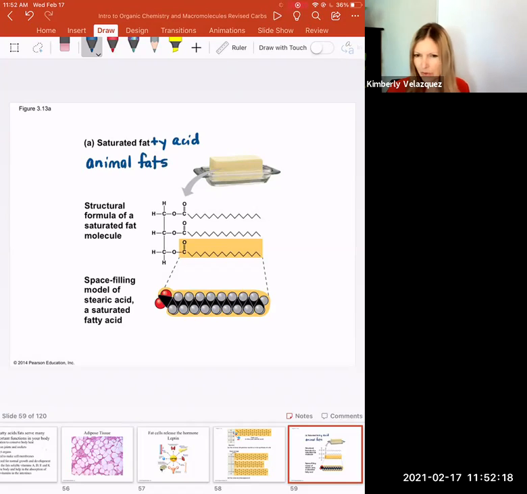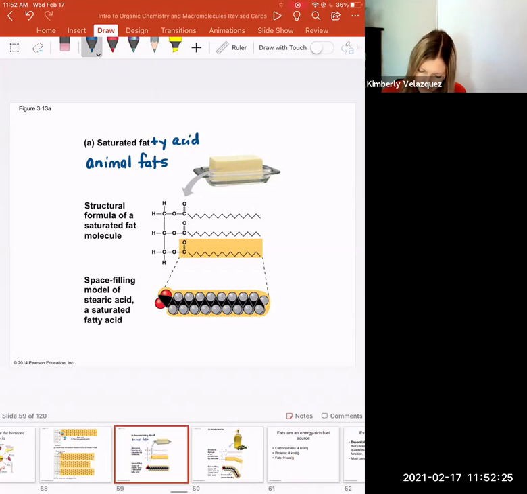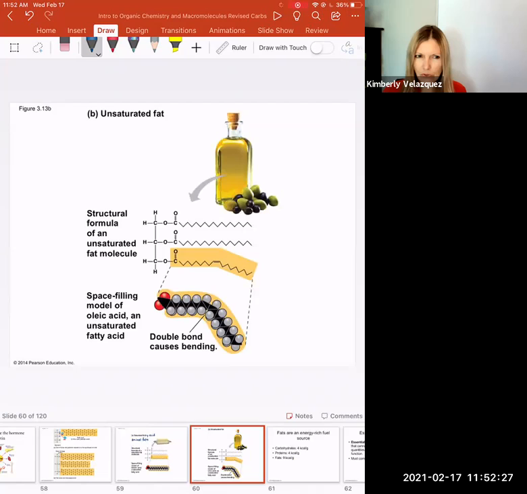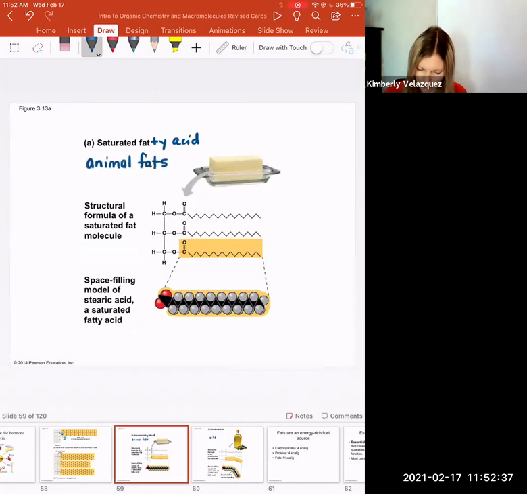There are some vegetable fats, though, that are saturated, but for the most part, these are the animal fats, lard. Okay, versus unsaturated fatty acids, we typically think of these as being the oils because they are liquid at room temperature. They aren't solid at room temperature.